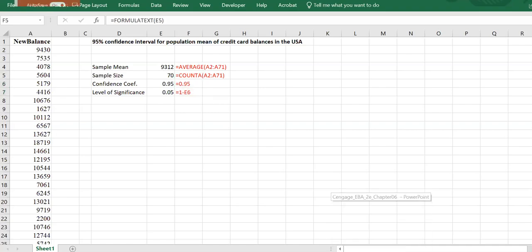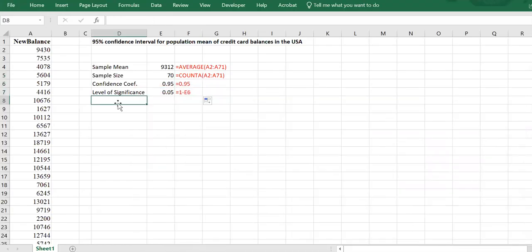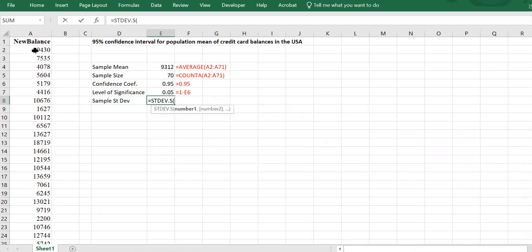All right, so we have the level of significance. Looking at the formula here, we have n, we have X bar, we need to find S, and we also need to find the t. S would be the sample standard deviation, that would be STDEV.S of my sample.